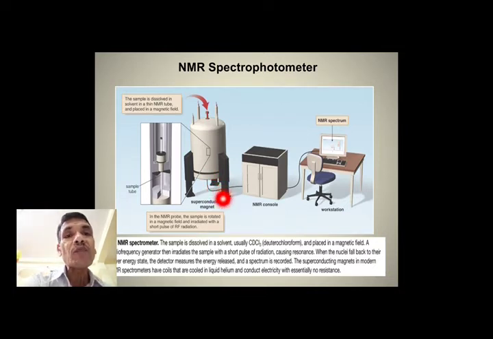In the NMR probe, the sample is rotated in a magnetic field and irradiated with a short pulse of radio frequency radiations. This is the NMR console, and it is attached to the receiver, which gives signal to this recorder where NMR spectra can be recorded.